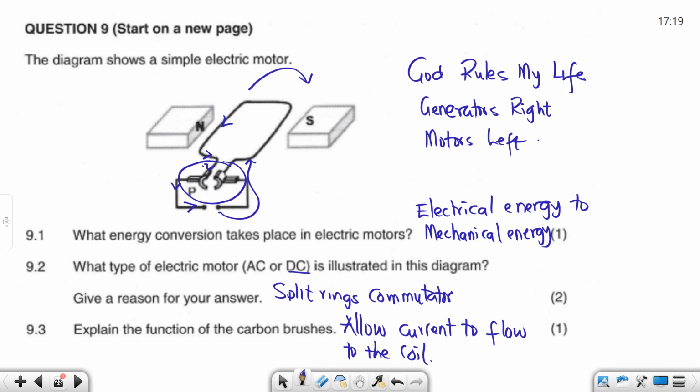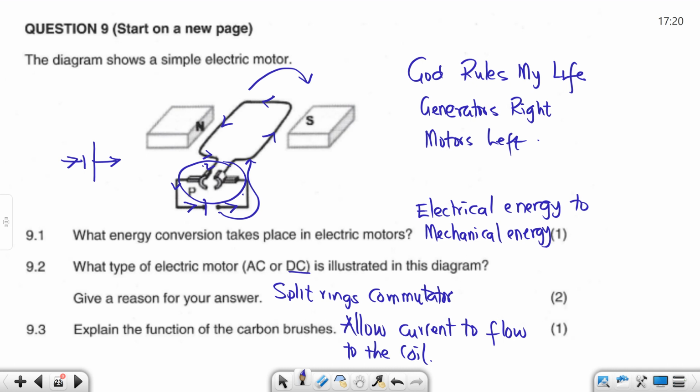And current will always move, so that means we go that way. Current is moving this way. Does that make sense? That's the flow. Current will move from the positive to the negative. Which one will be positive there? Current normally leaves from the longer end and comes in. So current leaves that way and comes in there.